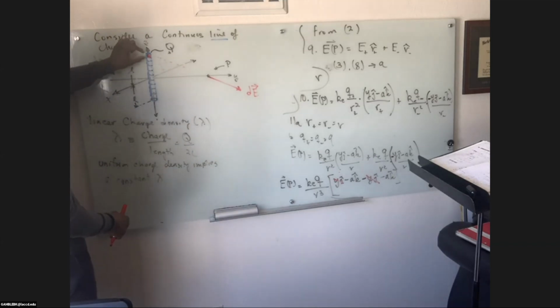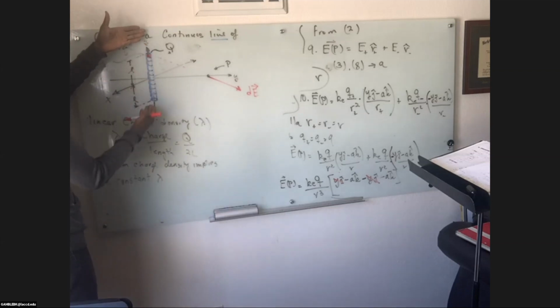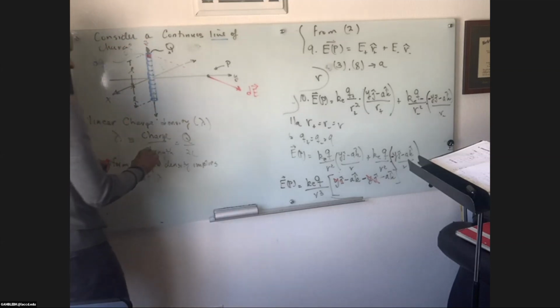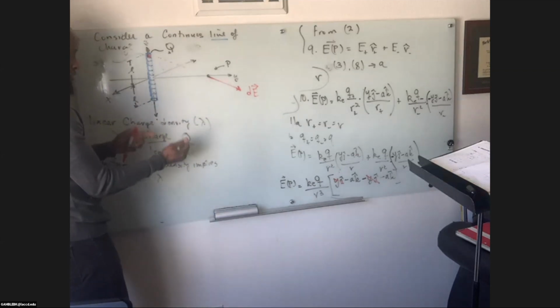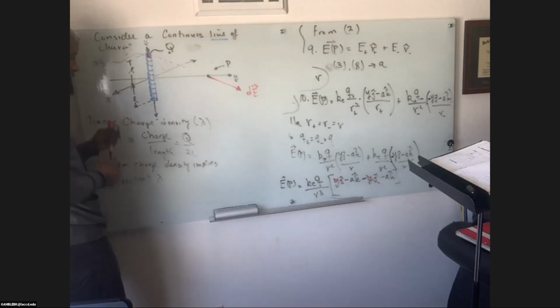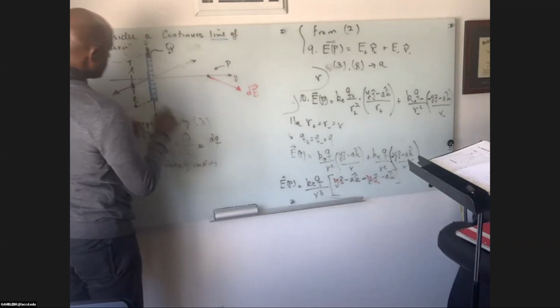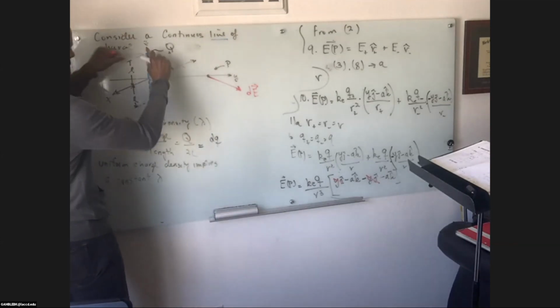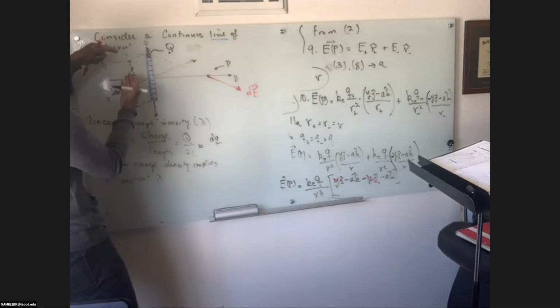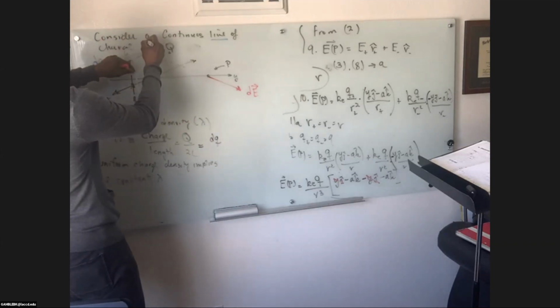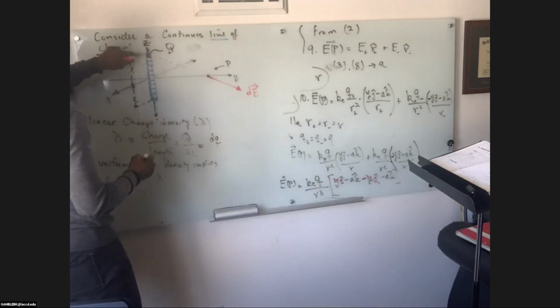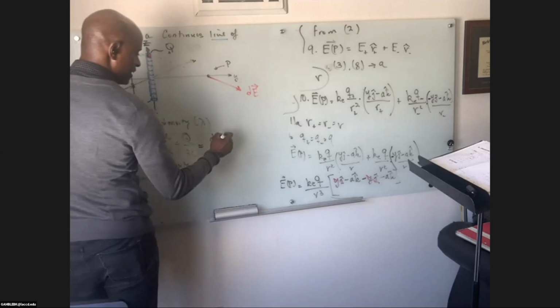But if I look at this differential charge element, it's distributed over a differential length, dl, or in this case, dz. So lambda is equal to the total charge over the total length, or it's also equal to a differential amount of charge dq within a differential length, and that differential length could be dl, but since I've defined it along the z-axis, I'm going to take that differential length as dz.